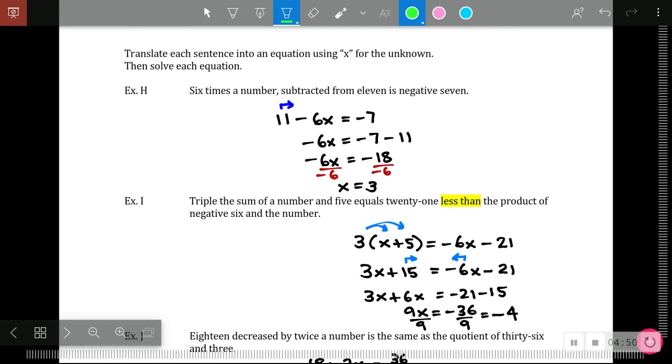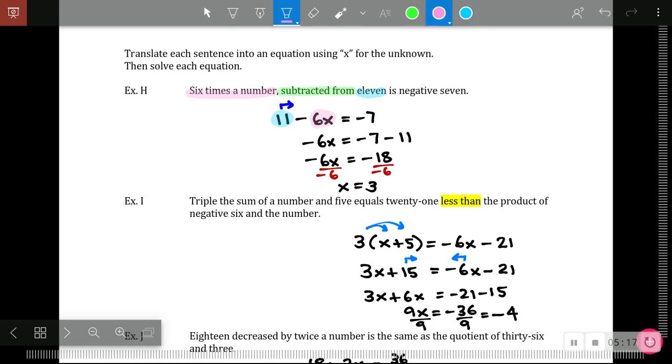Okay, once we get to example H, we're supposed to translate, but we're also supposed to solve. So let me just go through the translation steps here. Subtracted from is a reverse subtraction, so you can see that 6 times a number goes behind it. And the 11 that's mentioned behind it ends up in front of it. Okay, the next thing we're going to do here is subtract 11 from both sides.